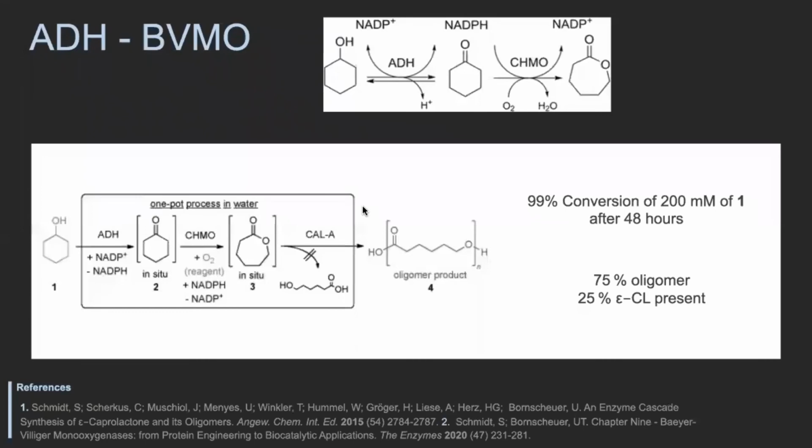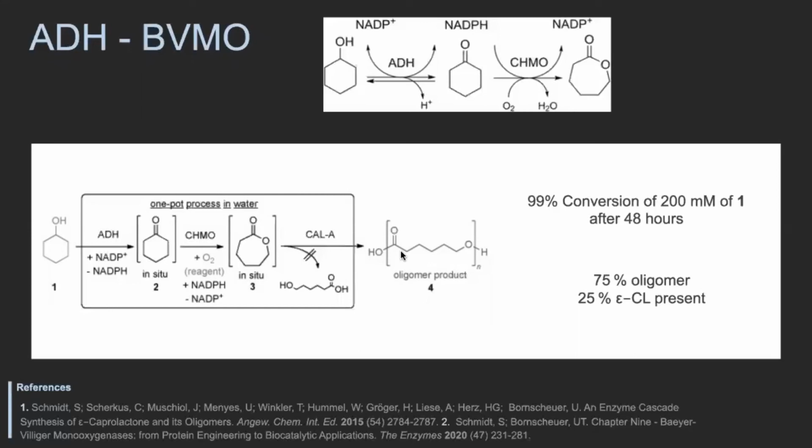So one idea from the group of Baeyer was to add another enzyme, Cal-A from Candida antarctica, to overcome the product inhibition issues, because Candida antarctica can convert the caprolactone to the oligomer product.